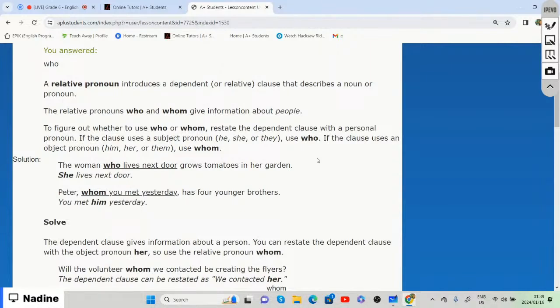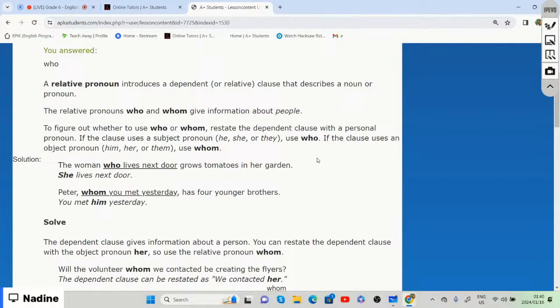And remember, a dependent clause depends on an independent clause, right? And we said we use the word who if the clause uses a subject pronoun such as he, she, or they.